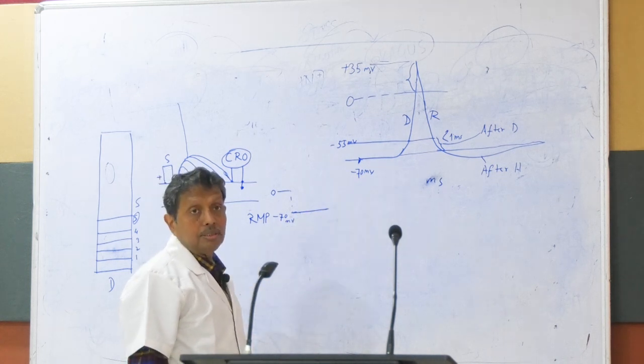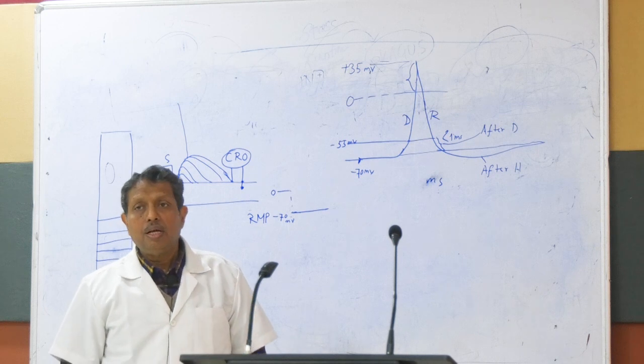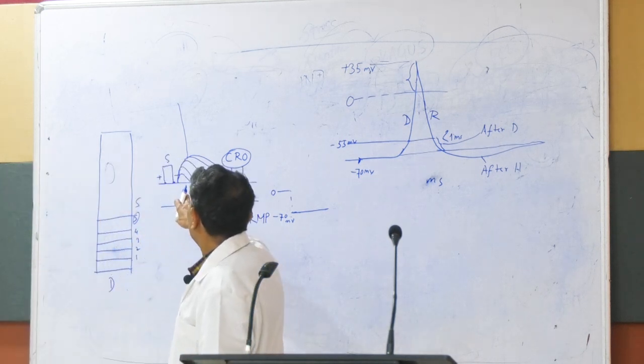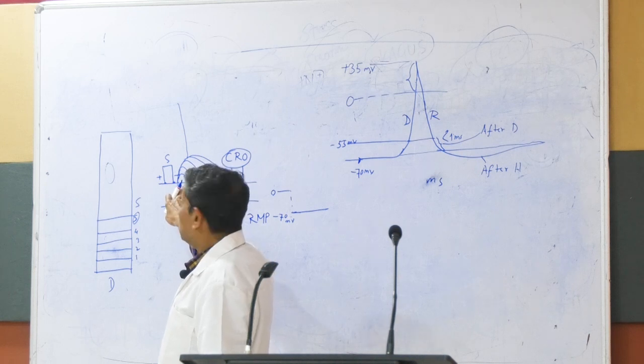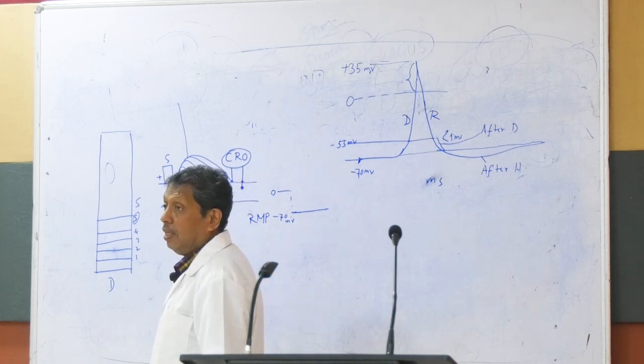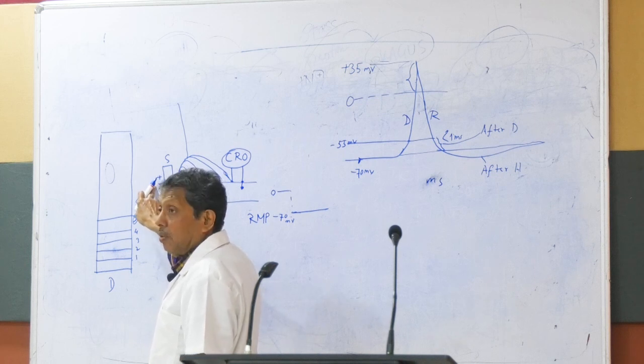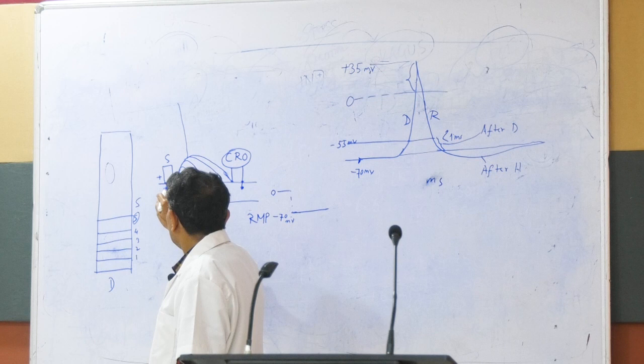It occurs quickly, and it will propagate. The potential produced near the cathode is called the catelectrotonic potential. If it is measured near the anode, you will get an anelectrotonic potential.